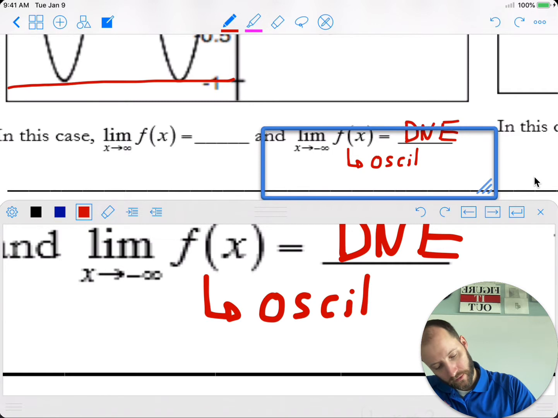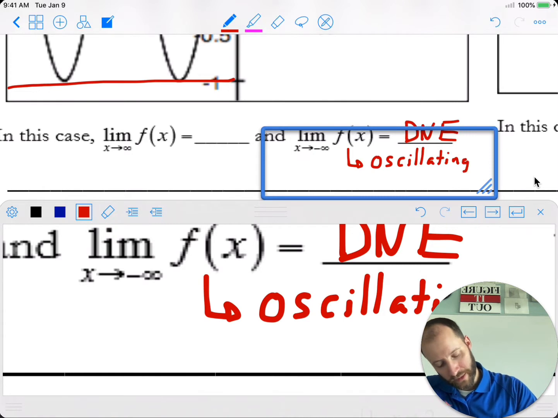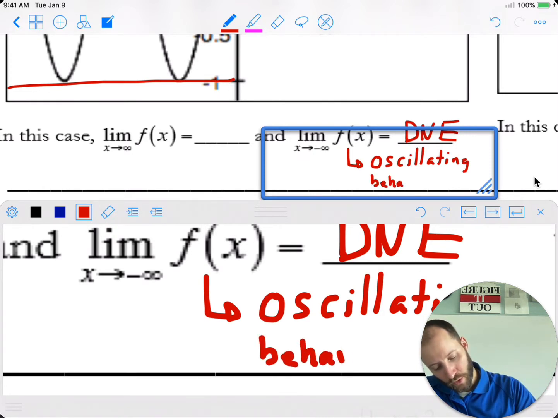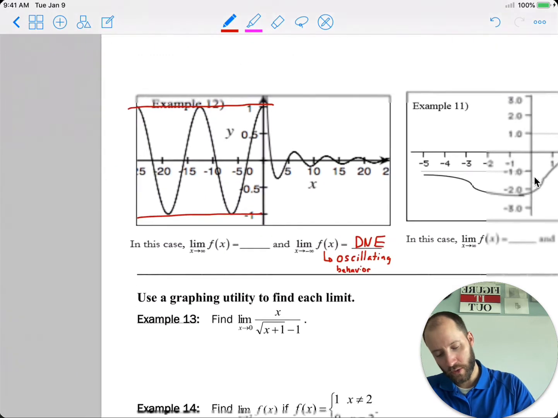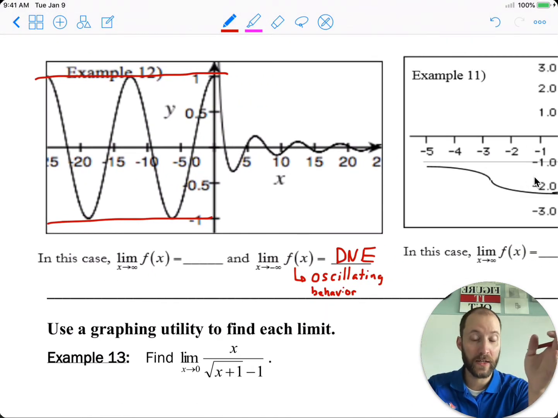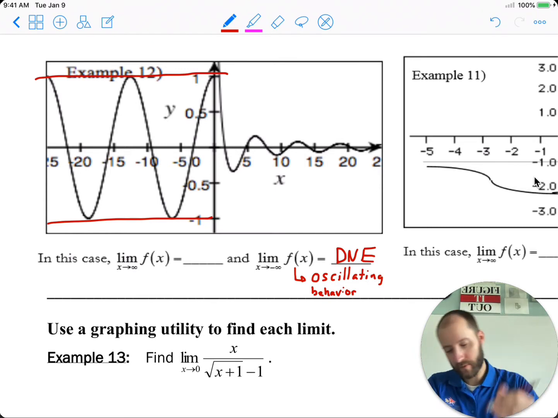Kind of going up, going down, just bouncing between the same two values. So if it's always the same two values, everything in between those, well, what is the unique or single answer? There isn't one. So the limit does not exist.